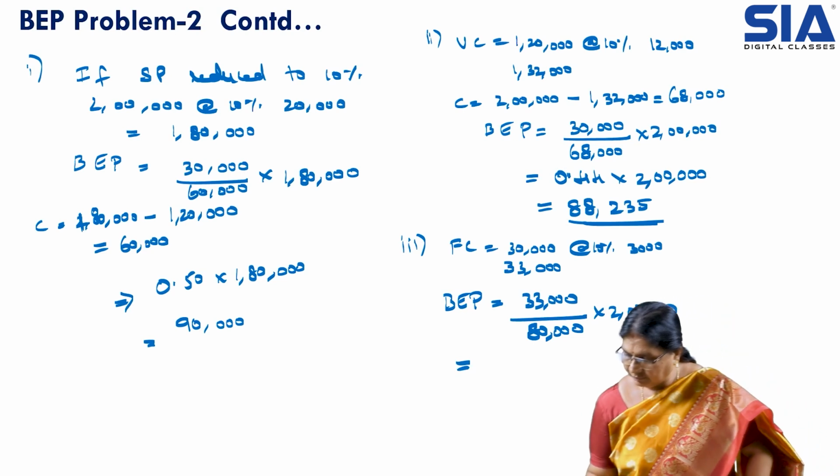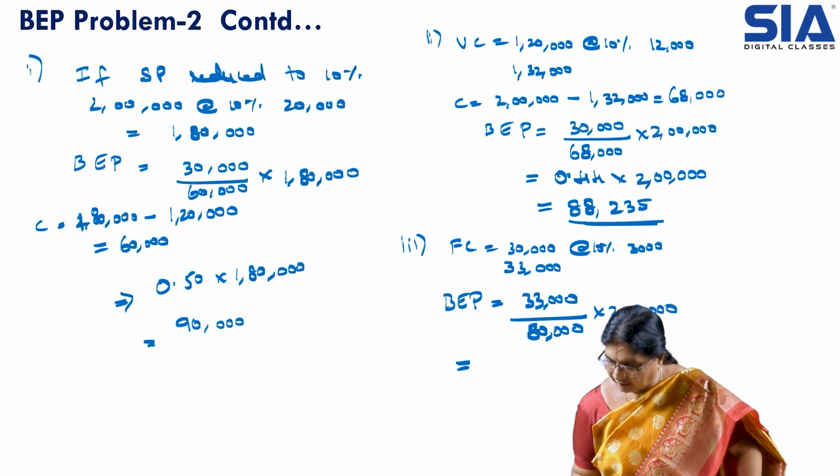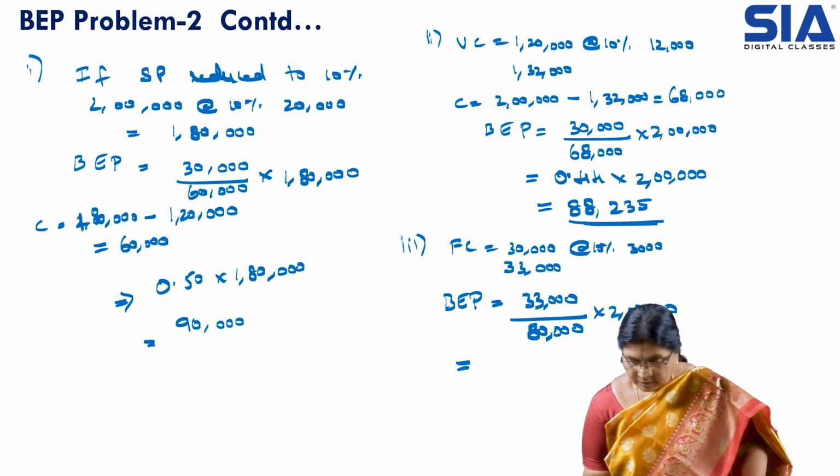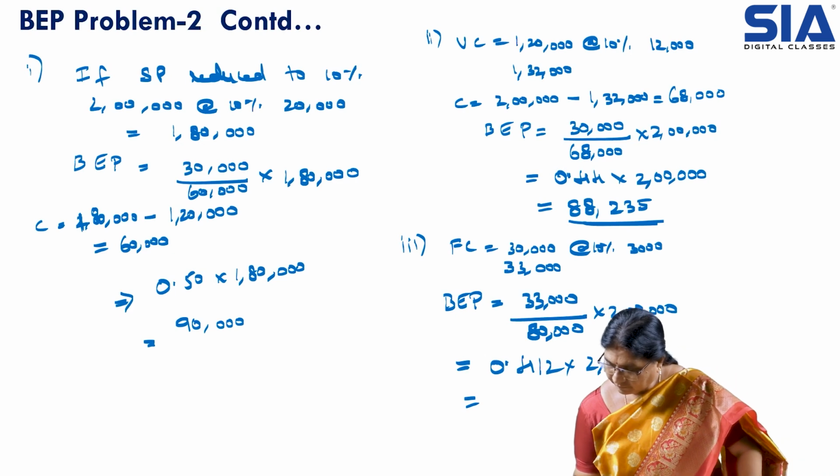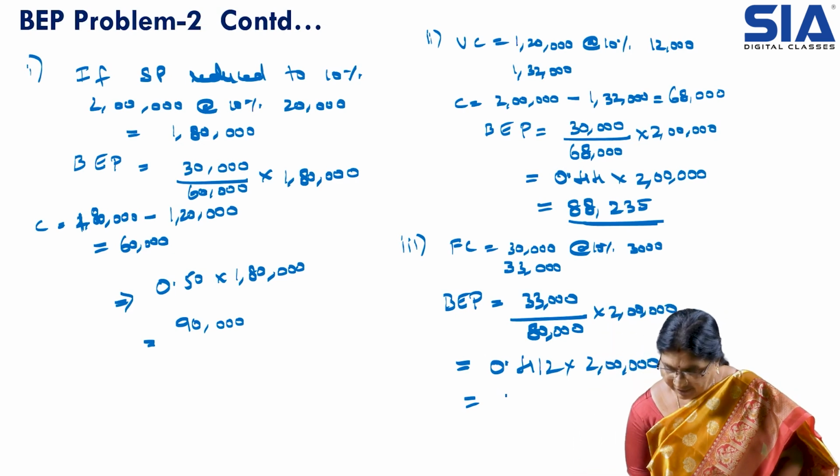That is 33,000 divided by 80,000, which is 0.41, into 2 lakhs. It is 82,500.